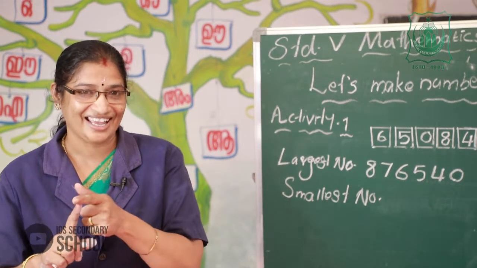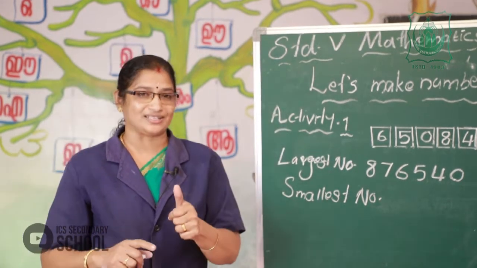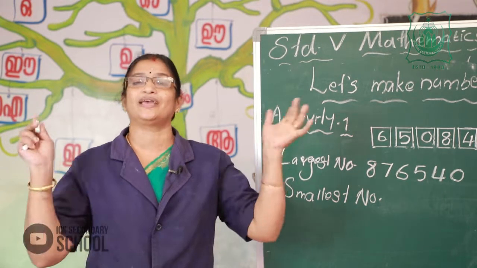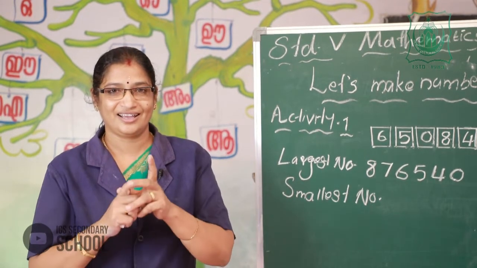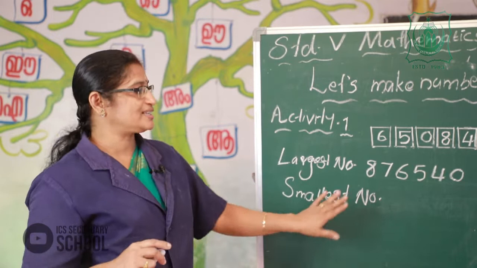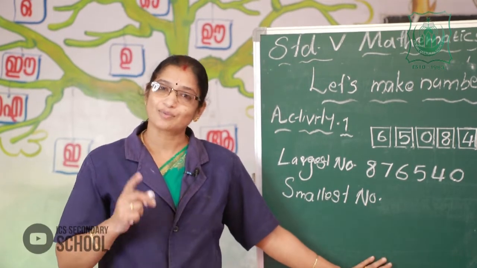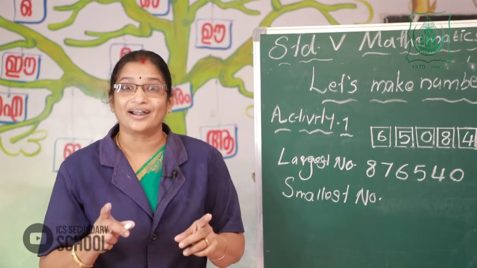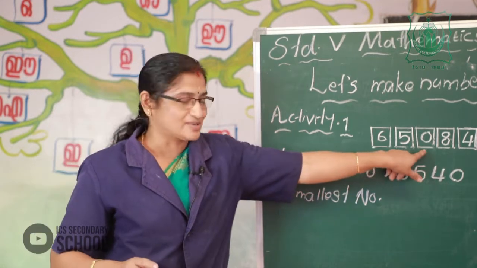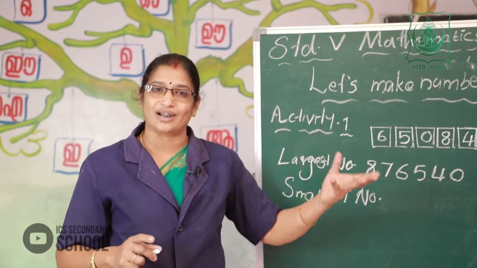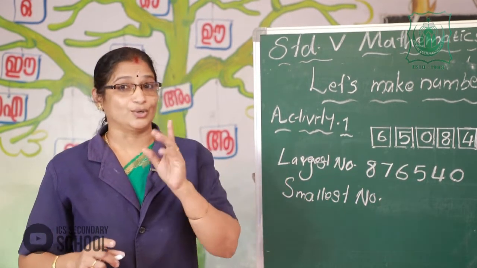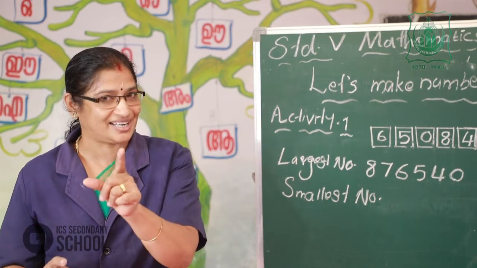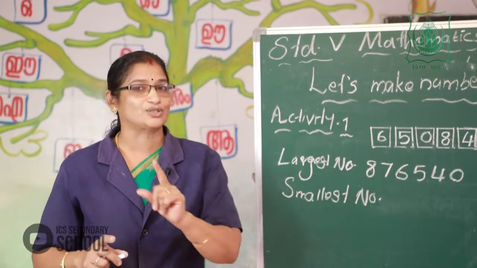Are you ready? Okay. To get the smallest number, the first digit should be the smallest. But if 0 is the smallest digit, it should not be taken as the first digit. Instead, use it as the second digit.